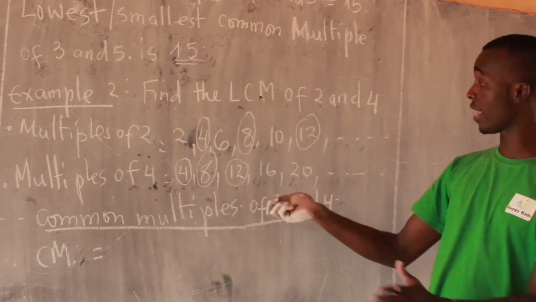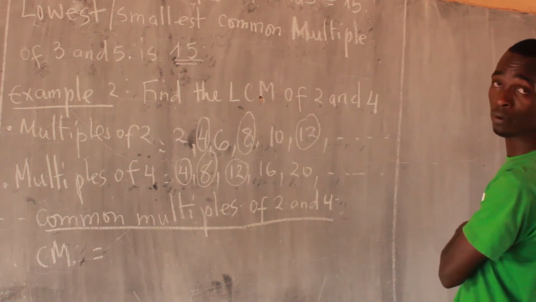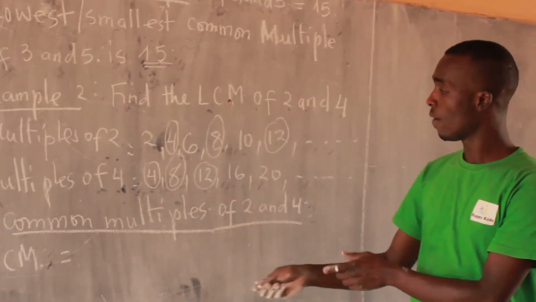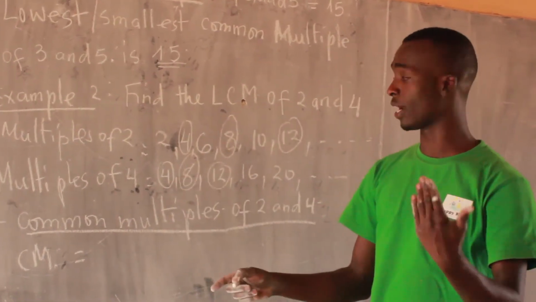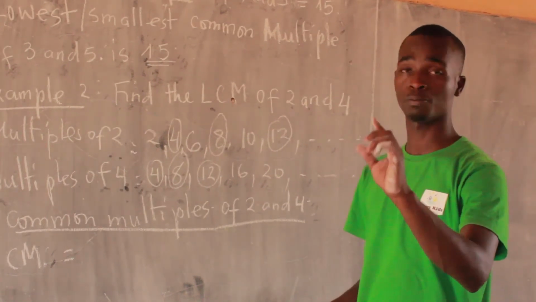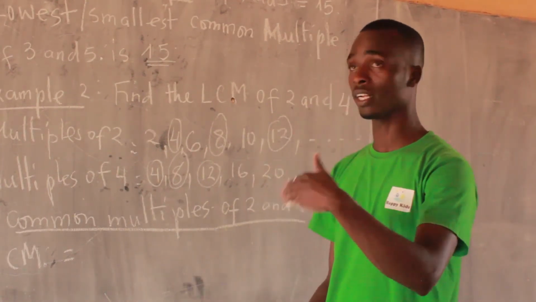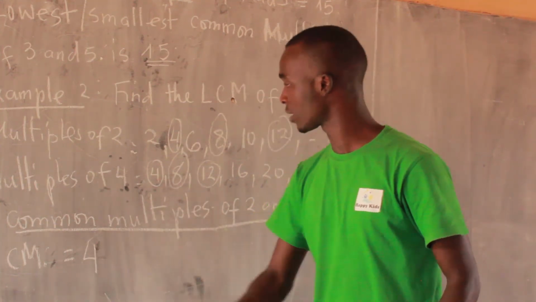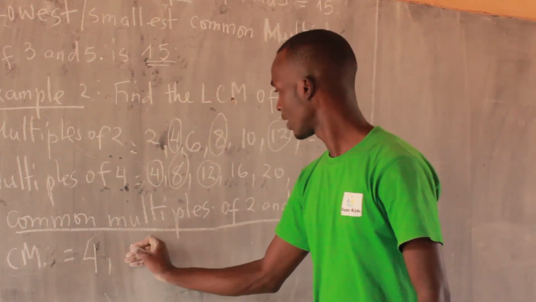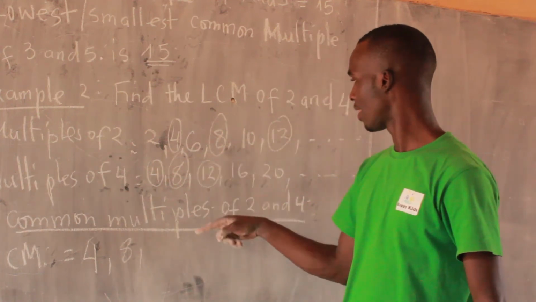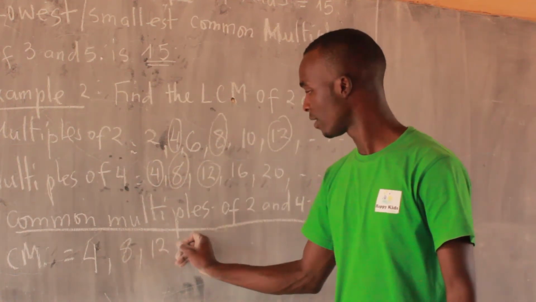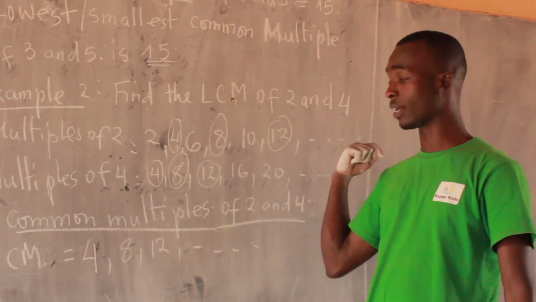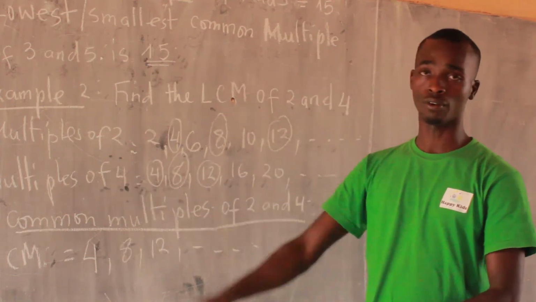And so on. You can find other multiples which are common. Let's write this set of common multiples, and I will write each multiple once because I cannot write 4 twice. So, the set of common multiples is given by 4, then 8, then 12, and so on. You can find other multiples which are in common between 2 and 4.